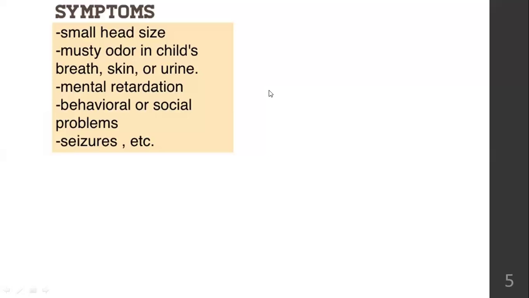Small head size, musty odor, a very floral, fruity odor in the child's breath. It's because of the ketones that are getting accumulated. And since these phenylalanine ketones are too high in the blood, they will affect your brain as well. The brain also gets blood supply.